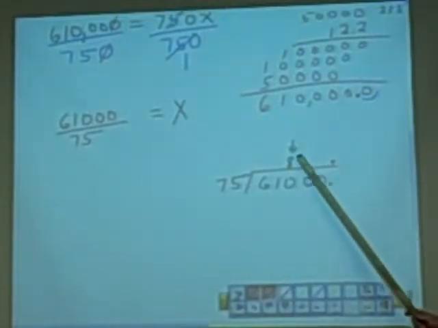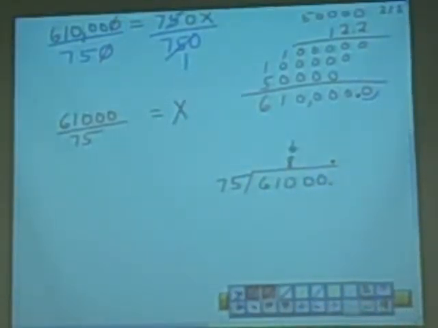So now let's multiply. 8 times 5 is 40, carry the 4. 8 times 7 is 56, plus 4 is 60.